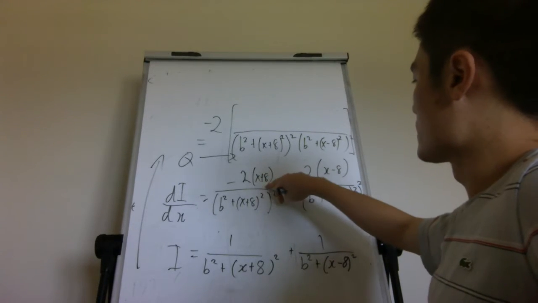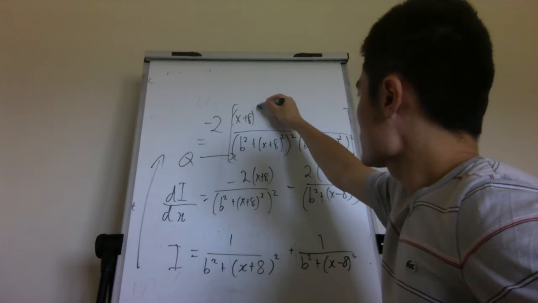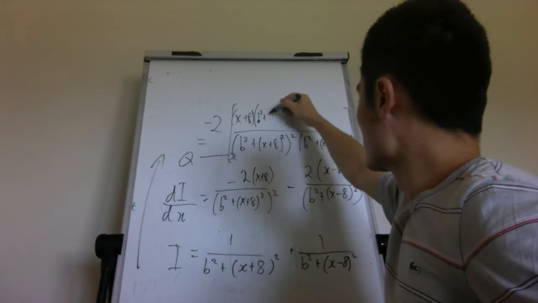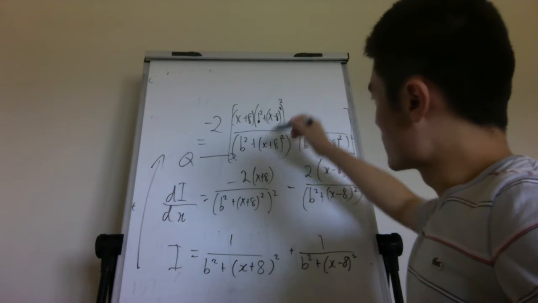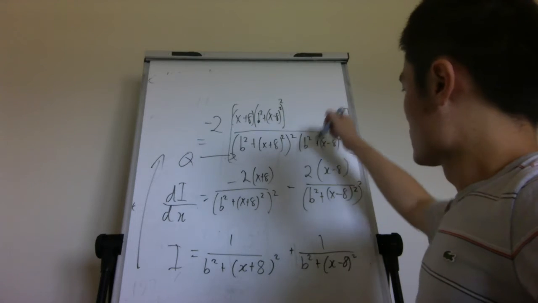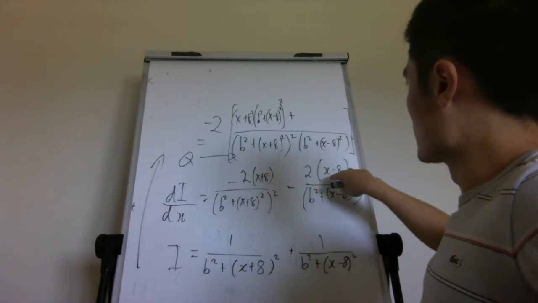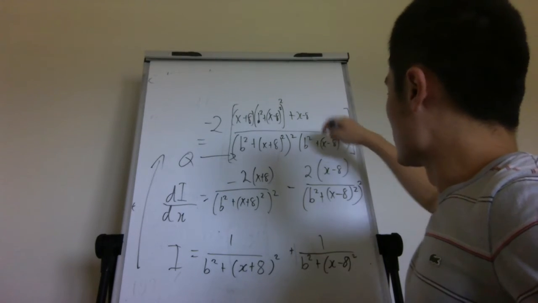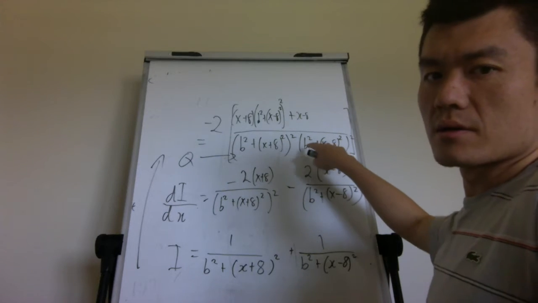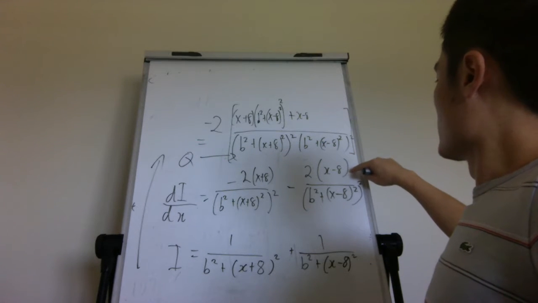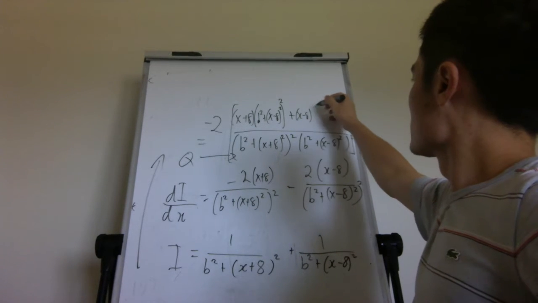So this will become x plus 8 times b squared plus x minus 8 all squared, and then square that. That'll be the first thing. The second thing will be a plus because we took out a minus 2, and this will be x minus 8. We times top and bottom by this to make the denominator that. So this will be x minus 8 times b squared plus x plus 8 all squared.